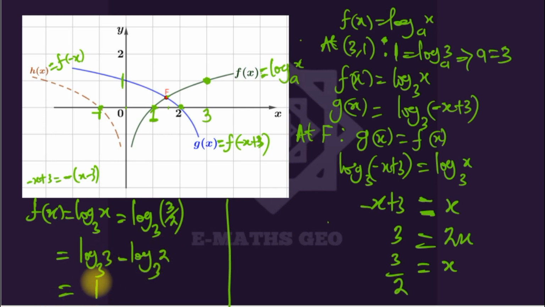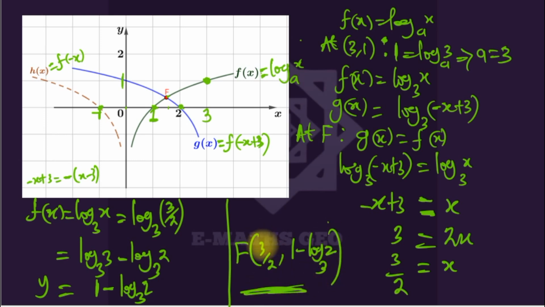And log base 3 of 3 is 1. So 1 minus log base 3 of 2. So that's the value of y. Our y value, which is f(x), is that. Therefore, the coordinate of F is (3/2, 1 - log base 3 of 2). So that's our answer. That's the coordinate.